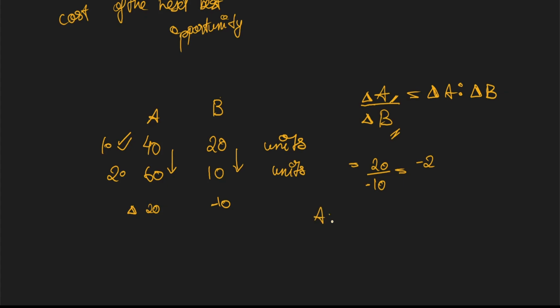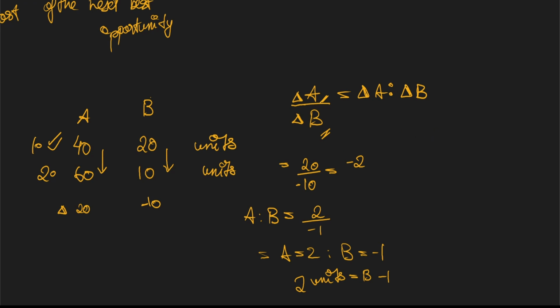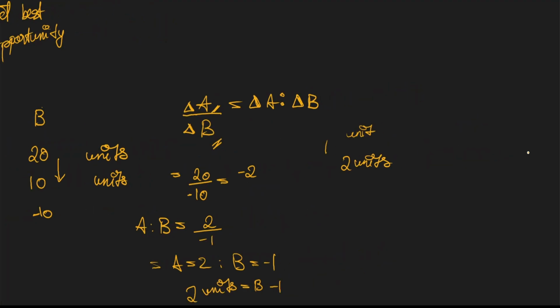So for A to B, that's just 2 by -1, or A is equal to 2, B is equal to -1. So for every 2 units of A, you lose out on 1 unit of B, or for every 1 unit of B lost, you gain 2 units of A, right? That's how you calculate opportunity cost.